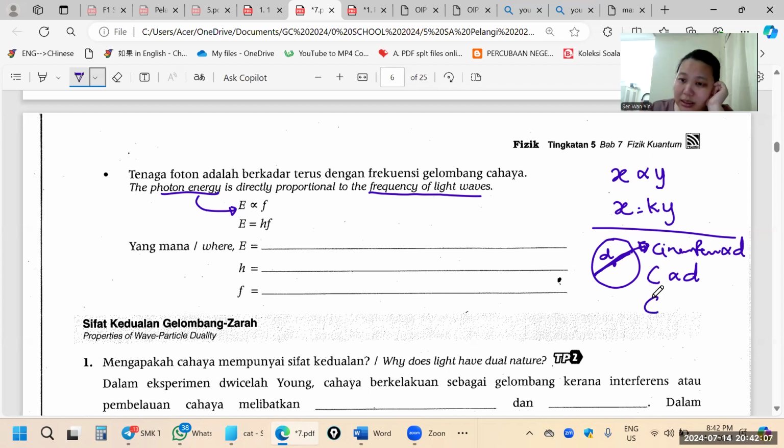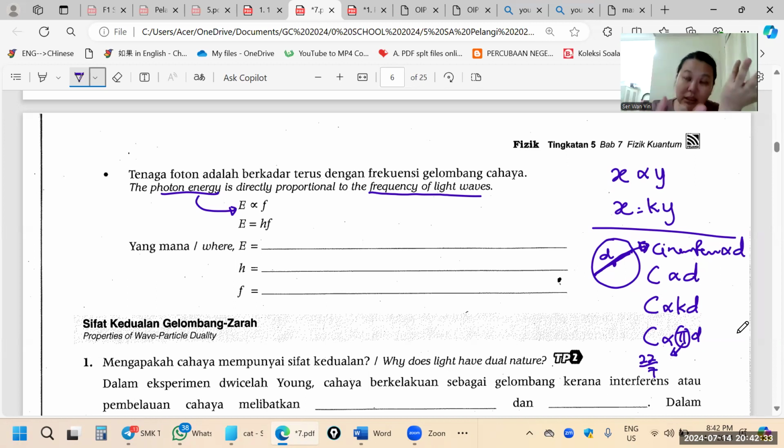We say C is directly proportional to D, C equals kD, and we name this constant pi. What is a constant? It's a fixed number and everyone knows it. Most of the time we use 22/7 to represent pi. So it's the ratio or proportion of the circumference to the diameter of a circle.